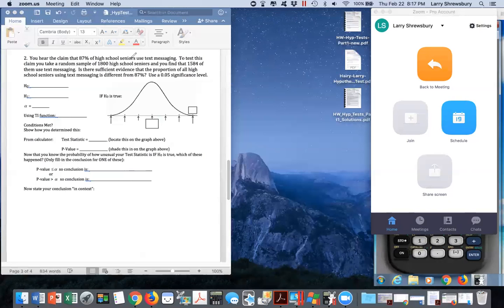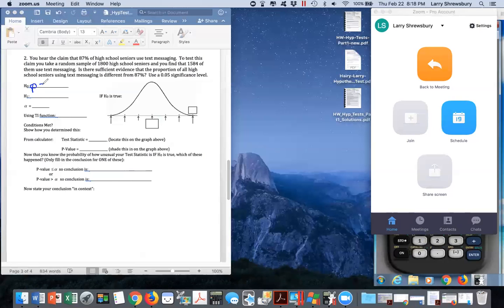Well, we're putting them into one of two categories. Either they use text messaging or they don't. It's binary data, and it's all about wondering what the population proportion is. So that's what little p is for. Remember, little p represents the population proportion, and don't you dare use little p for p-value.